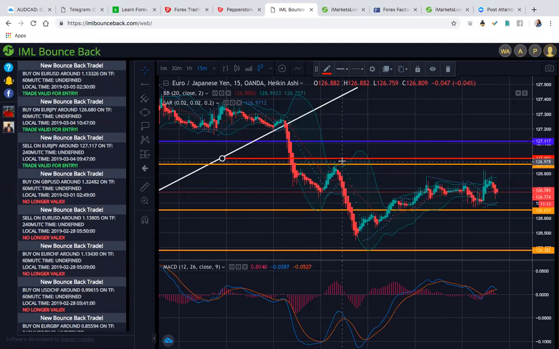So for those who just prefer to trail their stop loss and not cut a winning trade, right? If you don't want to cut a winning trade and you want to keep on winning with it, all you need to do is come to the chart, look and see where was the last high if it's in a sell, and move your stop loss, because we originally had it over here.